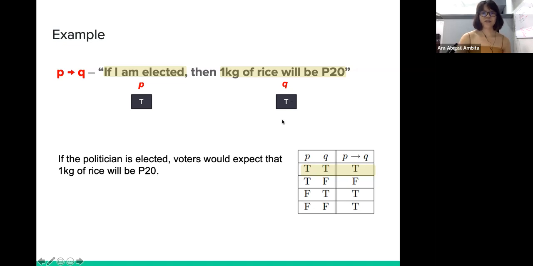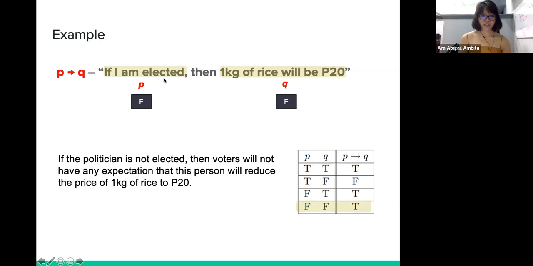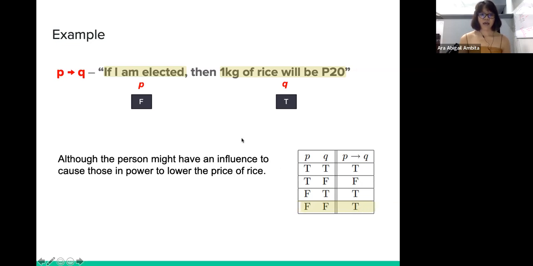Furthermore, if the politician is not elected, meaning P is false, then the voters will not have any expectations that the price of rice will be 20 pesos. So if P is false and Q is false, then the implication still holds true. Although the person might have an influence to cause those in power to lower the price of rice.